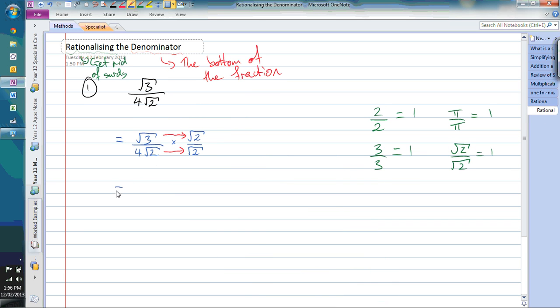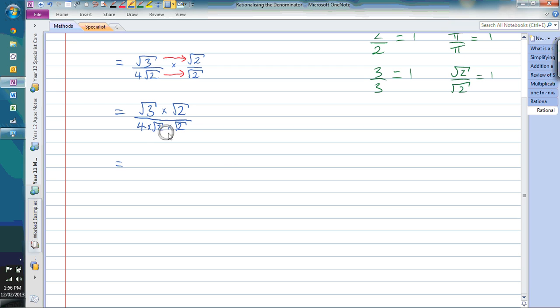So let's work this out. Square root of 3 times the square root of 2 is what's going to go on the top of the fraction. On the bottom of the fraction, I'm going to get 4 times the square root of 2 times the square root of 2. I'm not going to go through the detailed working out here again, because we did that on the last problem. But the result, the bottom of the fraction, of course, is going to be 8.